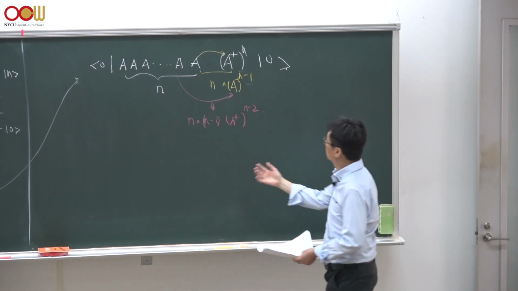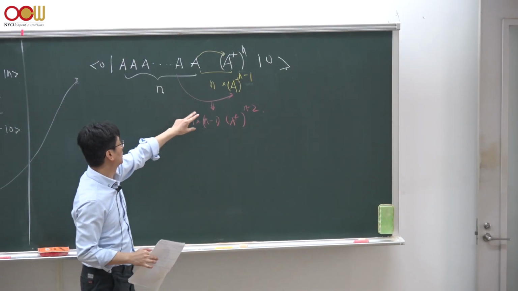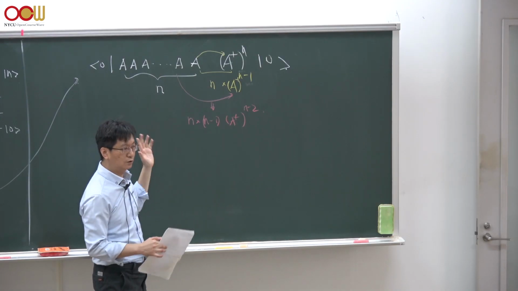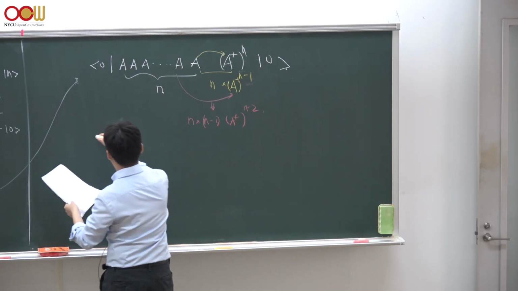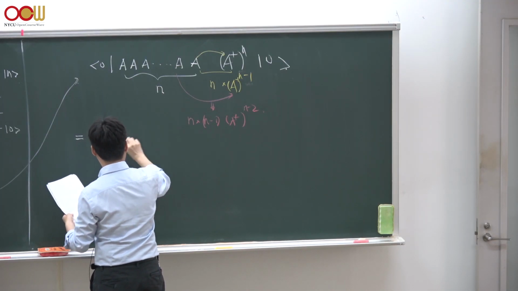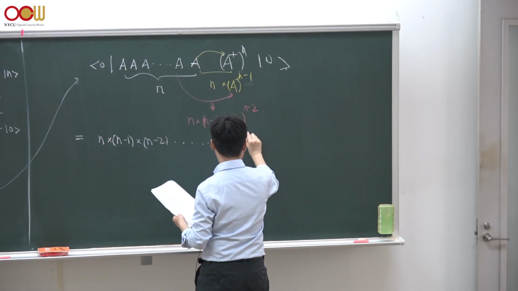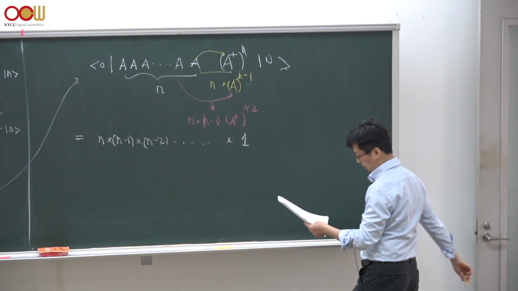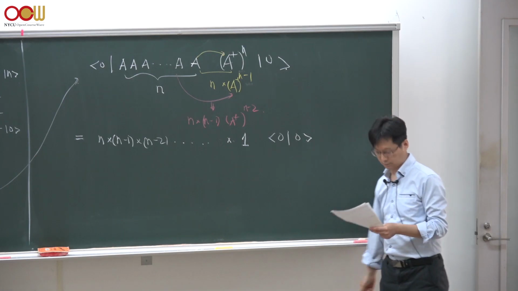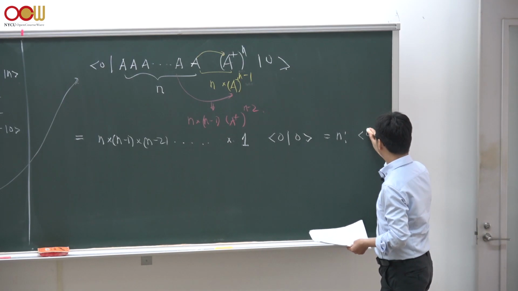So when I finish any one of the differentiations, there is a prefactor, and n minus 1 and n minus 2 just emerge, right? So when I finish this differentiation, I get n times n minus 1 times n minus 2, until the last differentiation is actually 1 and then times 0 and 0. And this is precisely n factorial times 0 and 0.